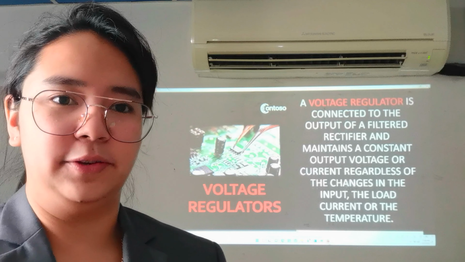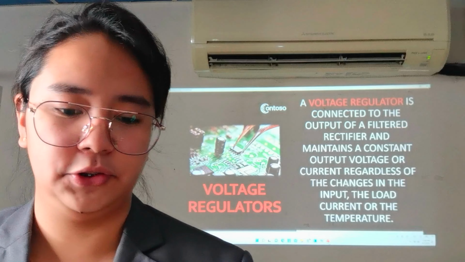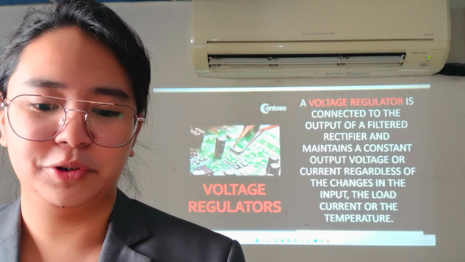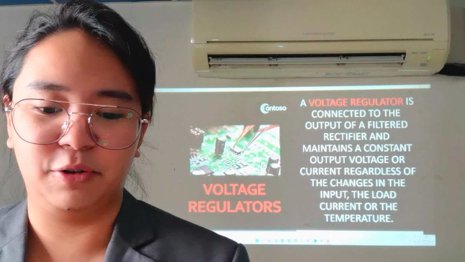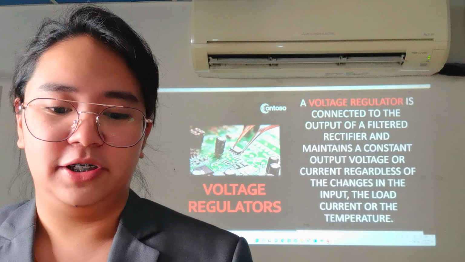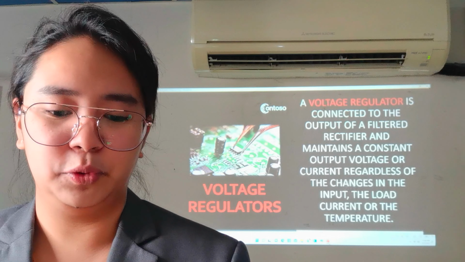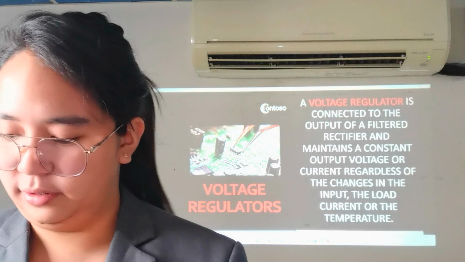Voltage regulators. The voltage regulator is connected to the output of a filtered rectifier and may maintain a constant output voltage or current regardless of changes in the input, the load current, or the temperature.